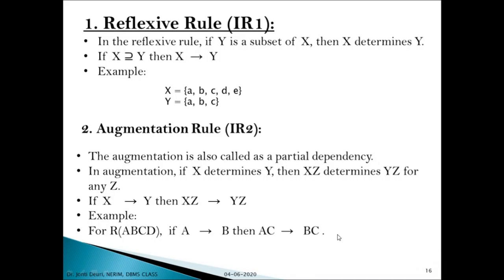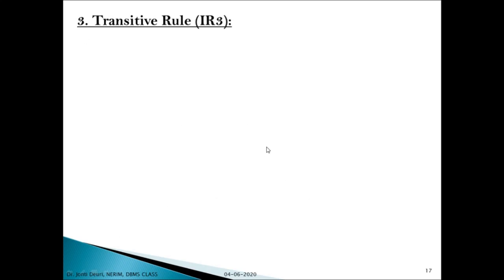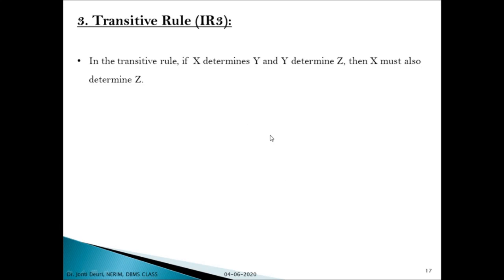Okay. So now the next rule is transitive. Transitive means two relations are there: if X determines Y and Y determines Z, then X can again determine Z. In transitive dependency, you already had this, we find it like this only, right?